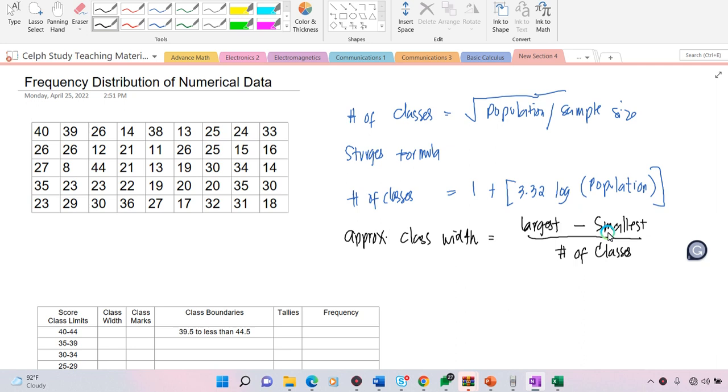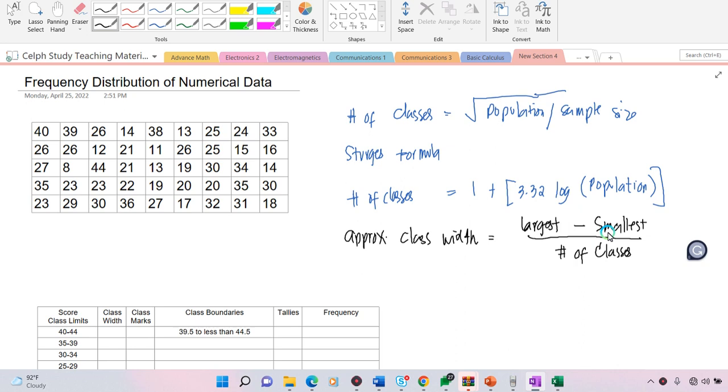Later on in our graph, we have what we call the left and right endpoints of a specific class, and they are referred to as your lower limit and upper limit, respectively. Any convenient number which is less than or equal to the smallest value in our dataset may be chosen as the lower limit of the first class.